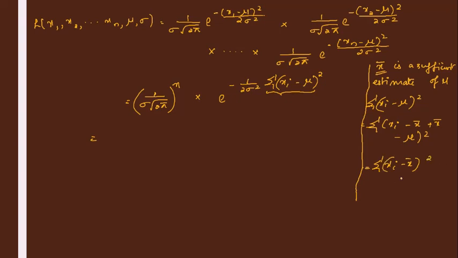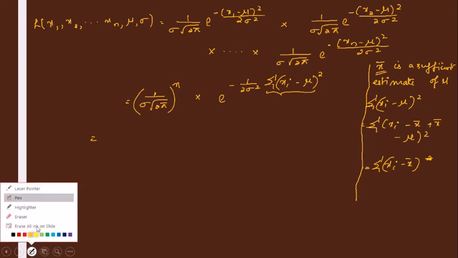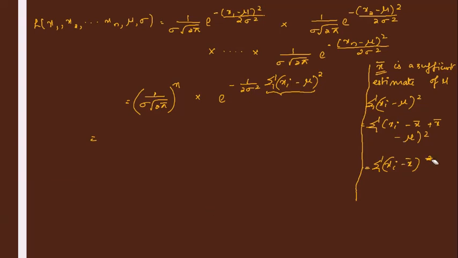Rearranging the terms, xi minus x bar and plus x bar minus mu, the whole square. So this is now in terms of a plus b the whole square.